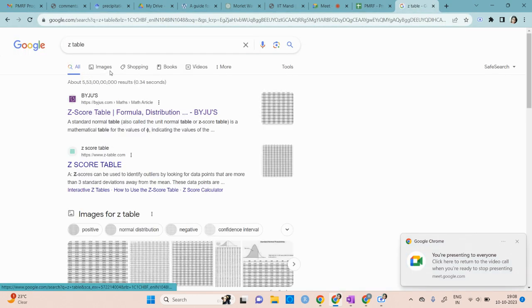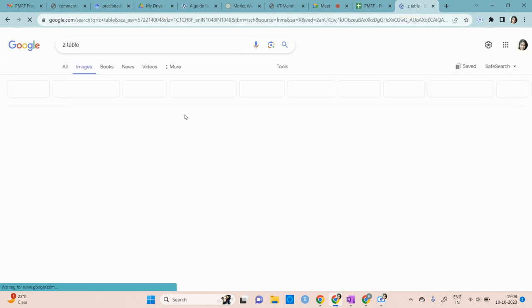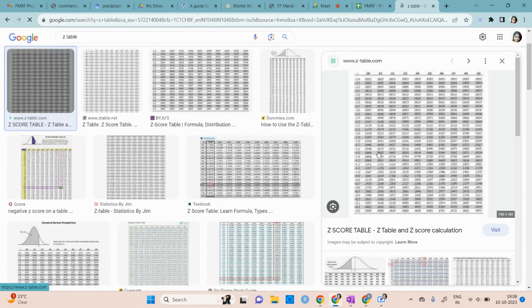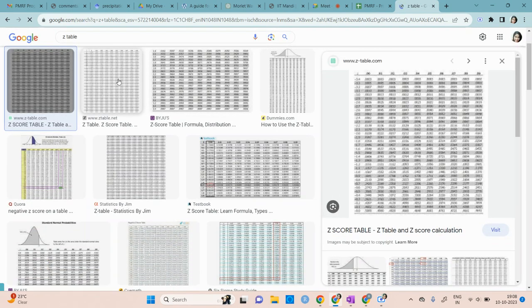Okay. For 2.58, we can also see just the opposite of this, so it is 0.0049.